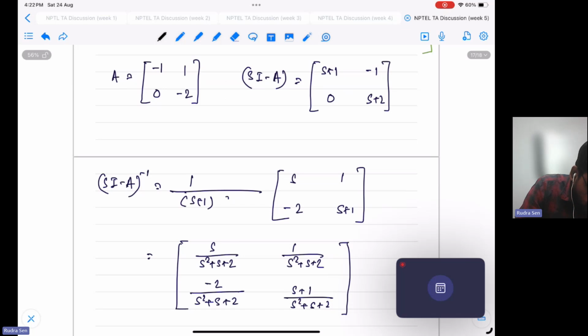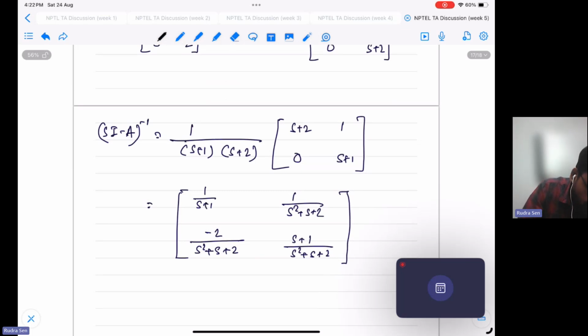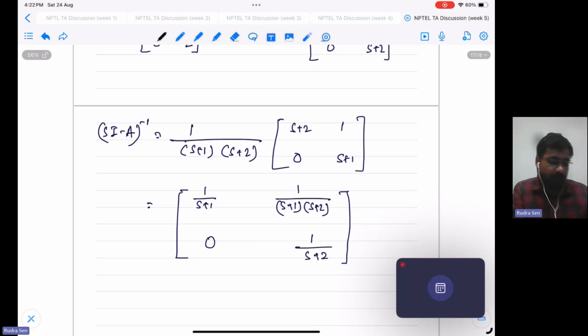So the determinant is (s plus 1)(s plus 2), and the inverse is: s plus 2 over (s plus 1)(s plus 2), 0, 1 over (s plus 1)(s plus 2), and 1 over s plus 2. Okay.